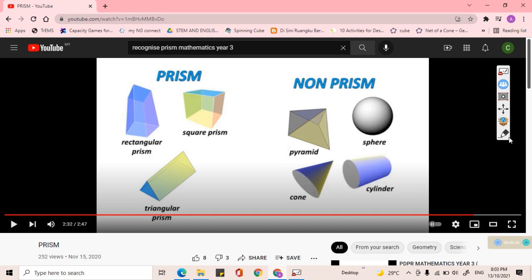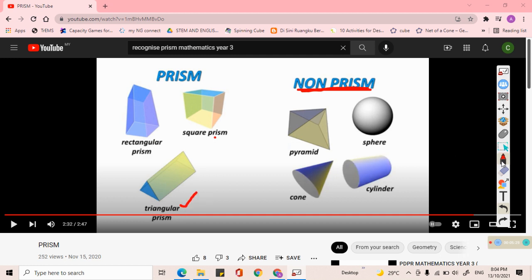So this one has a curved surface, so that's why it is non-prism. Okay, non-prism, bukan prisma. Alright, sphere, pyramid, cone, and cylinder are non-prisms. You have to remember there are three shapes of prisms only, which are rectangular prism, square prism, and triangular prism.